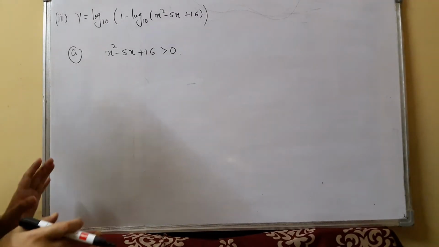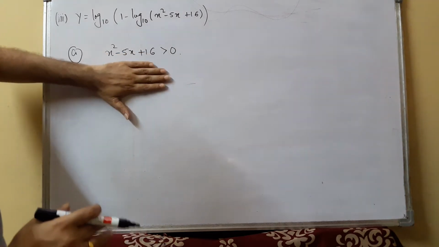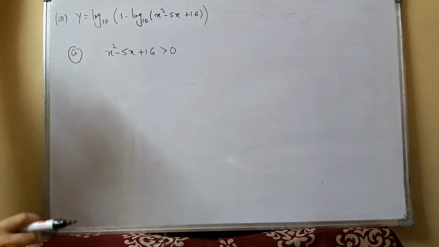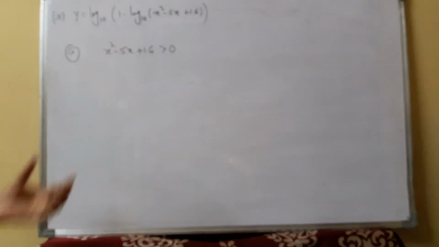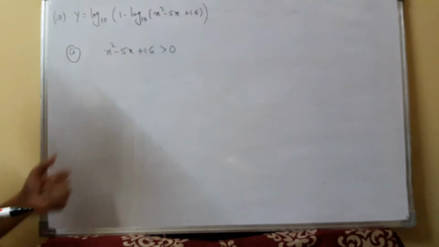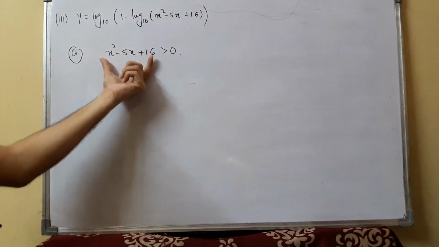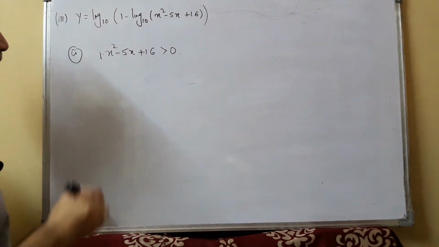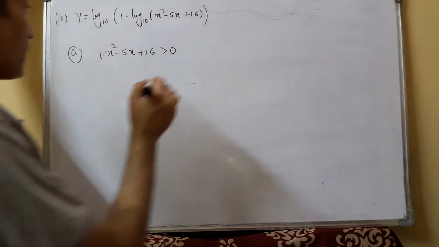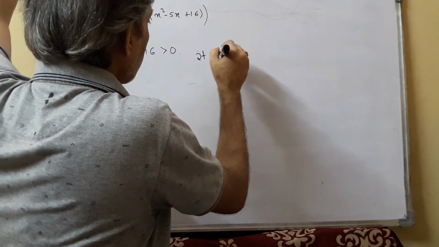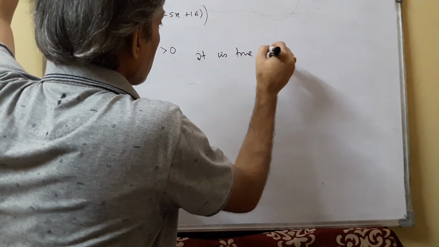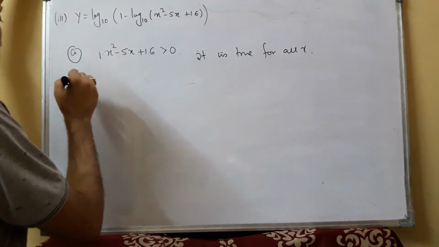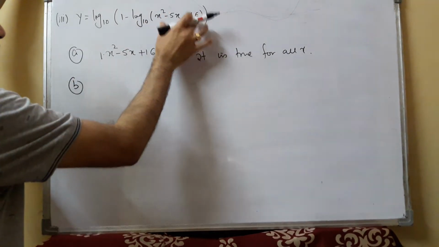While discussing sign scheme, I have discussed that the corresponding equation of this quadratic expression will have imaginary roots, and therefore this thing will take the sign of a. Since a is positive, it will be positive for all x. So it is true for all x in real numbers. So this is very well defined.